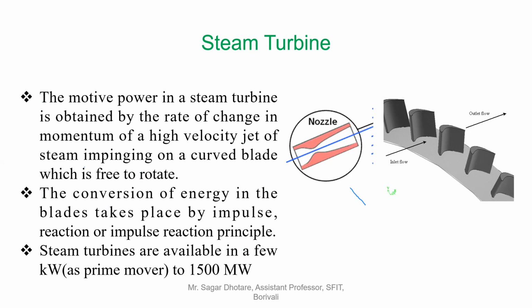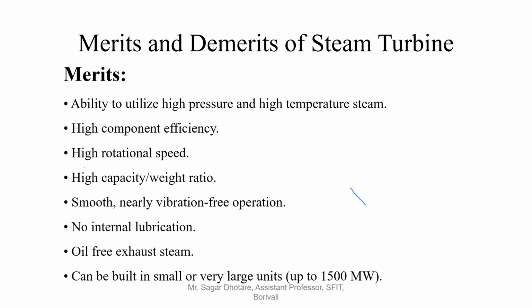So there are some advantages and disadvantages of the steam turbine. Basically, it has the ability to utilize high pressure and high velocity steam, but there is a big disadvantage: it can rotate at a high speed, up to 20,000 rpm, and it is quite difficult to convert this 20,000 to 30,000 rpm speed for a generator so that it can be converted into electric energy.